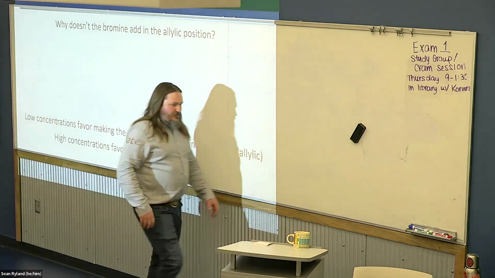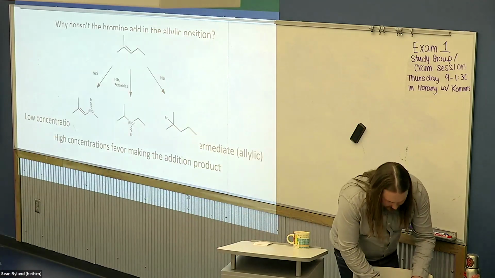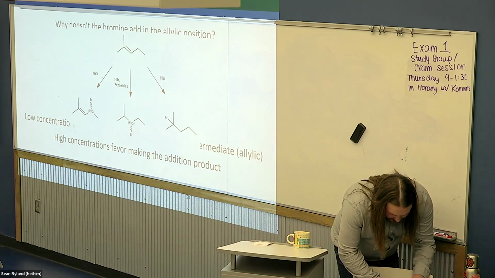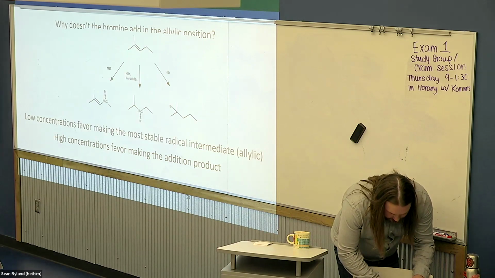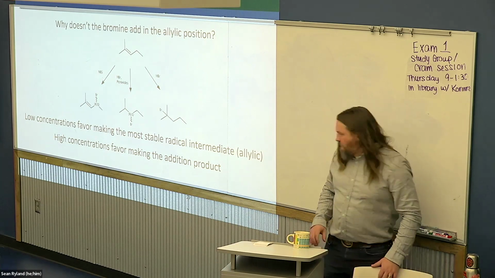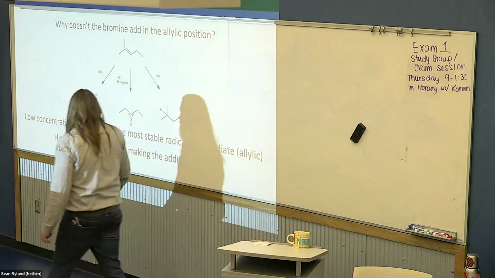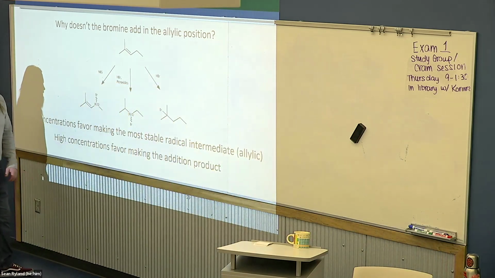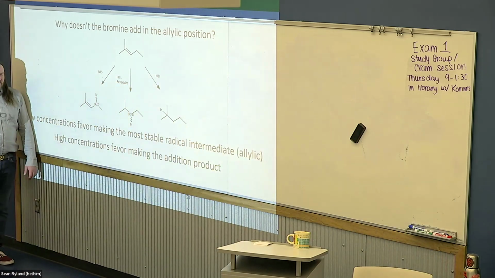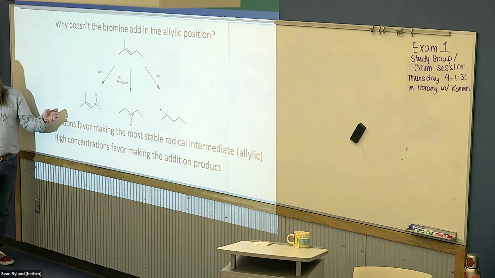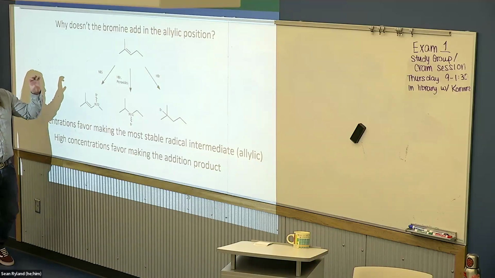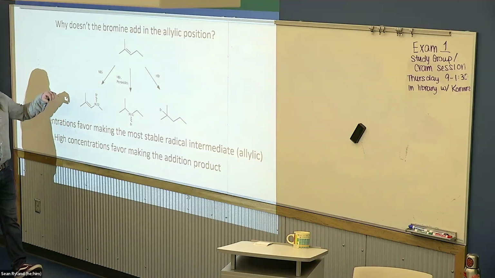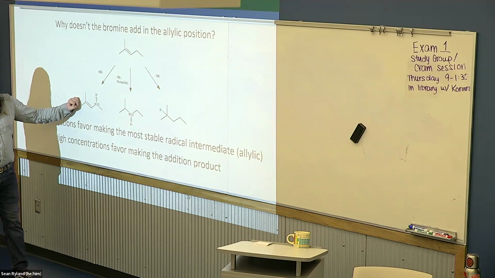So with that figure back up here, we can think about that. In low concentrations, again, I'm still not satisfied with this, but you can kind of see that if you keep the concentrations low enough, that allows the bromine to be more selective.